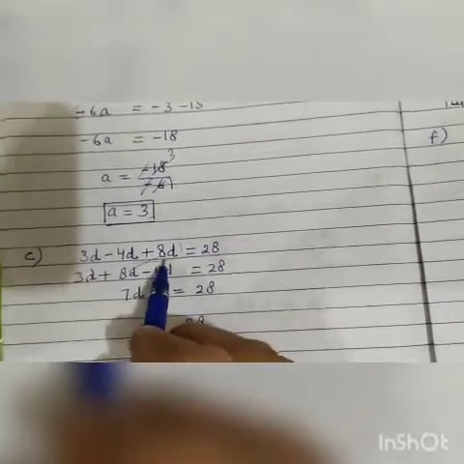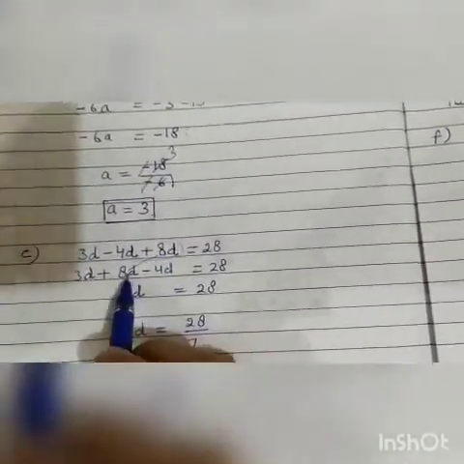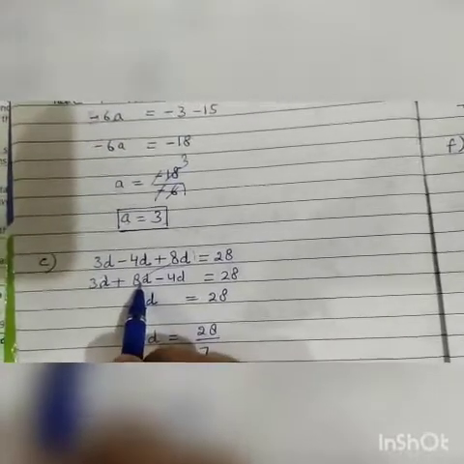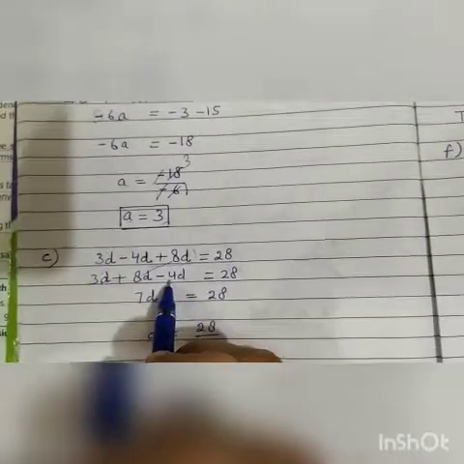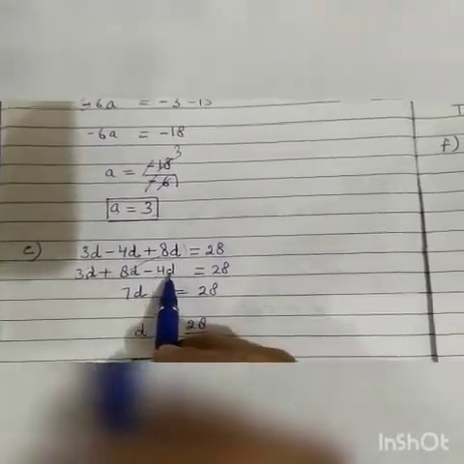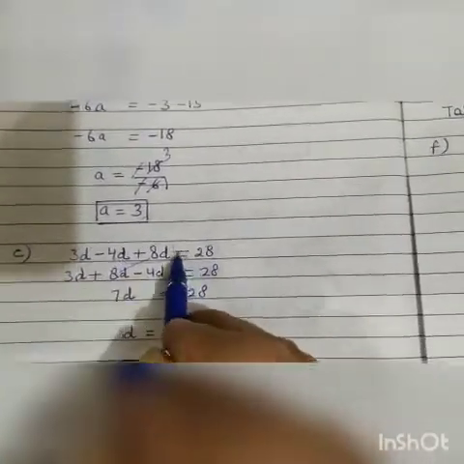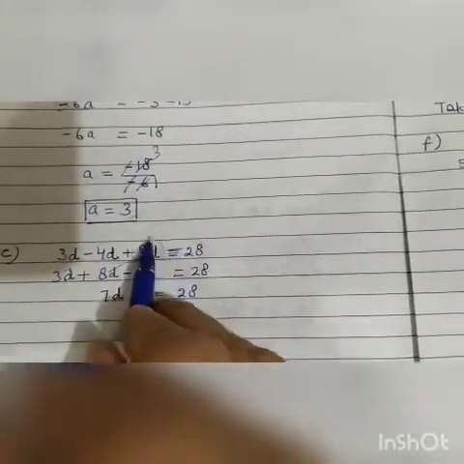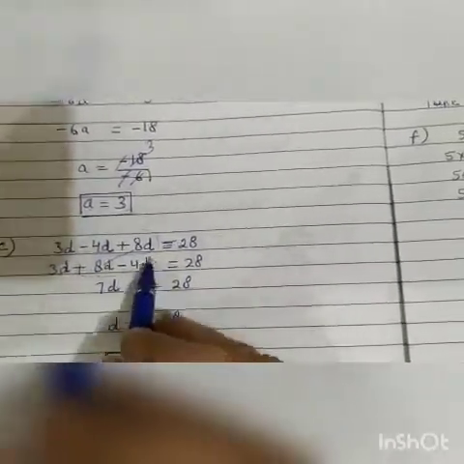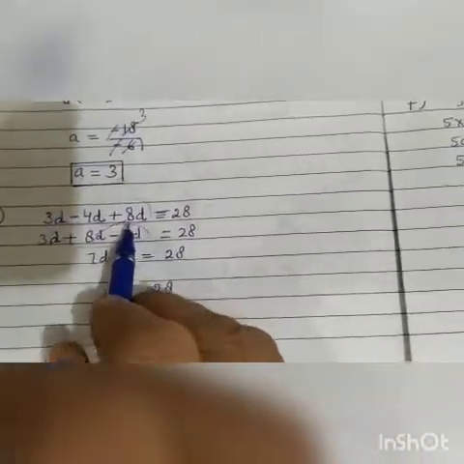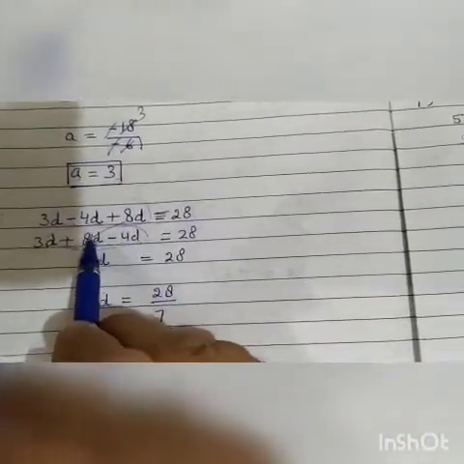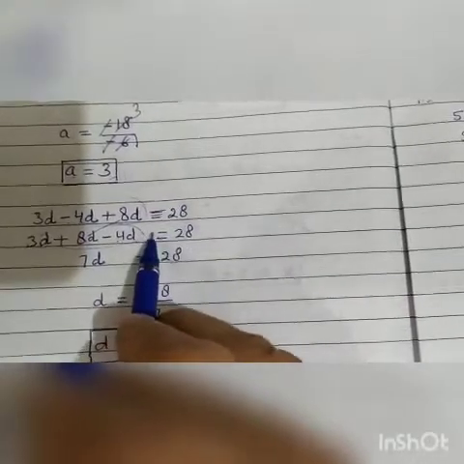Here 4d is written at the second place and 8d at the third place; we have written 8d at the second place and 4d at the third place, but we have not changed their sides. All these three terms are on the left hand side, and in this line also these three terms are on the left hand side. We have simply changed the place from second to third. We have not changed the side.